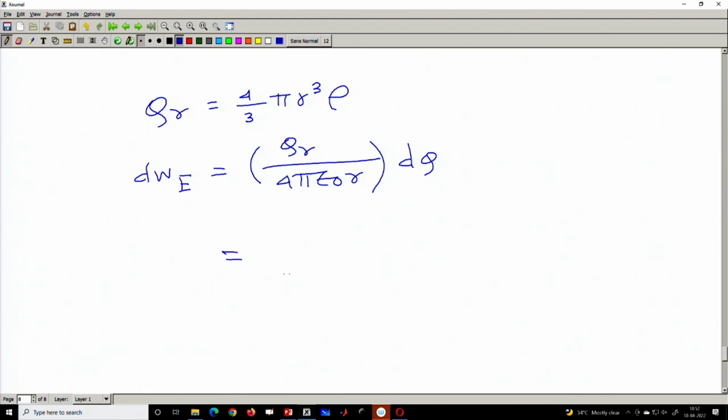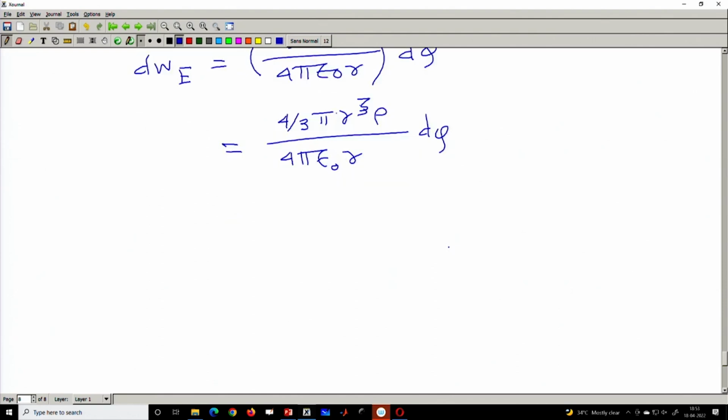QR is already there, so I have 4/3 pi r cube rho divided by 4 pi epsilon 0 r, times dq. Okay. So, then dq is the charge that builds up the sphere with radius r2. So, dq is a charge.